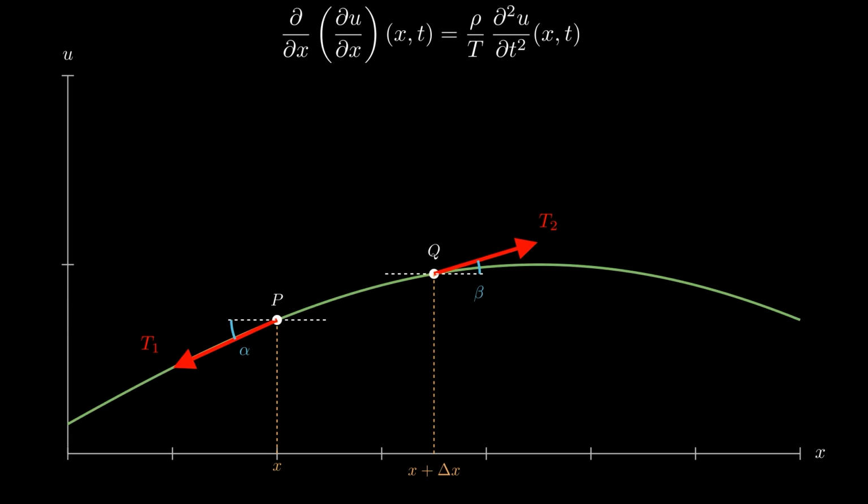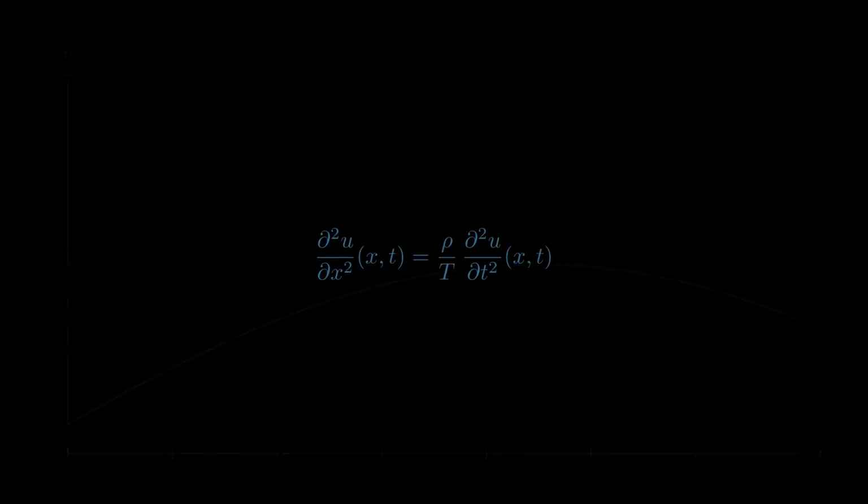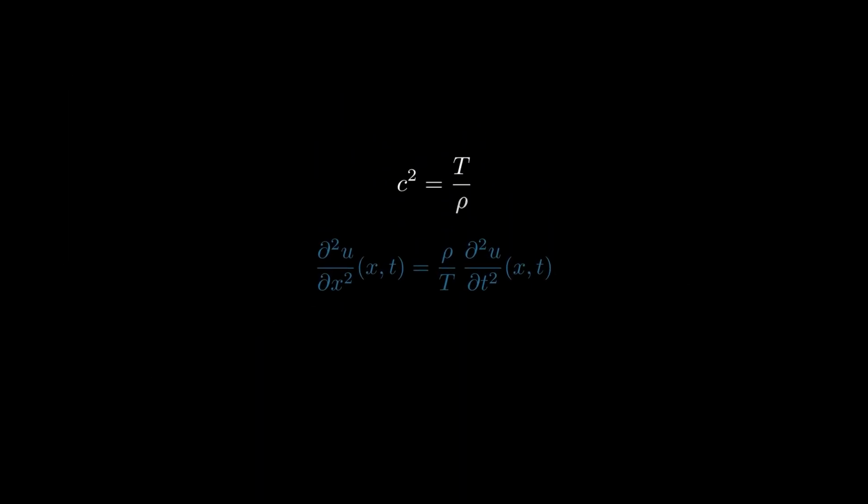We basically get this form right now where we have the derivative of the derivative with respect to x is equal to rho over T times the second derivative of u with respect to t, which you can simplify to this equation. We see that rho over T is there. And if we continue simplifying this equation, we can say that there's this constant c squared, equal to the tension divided by the mass per unit length.